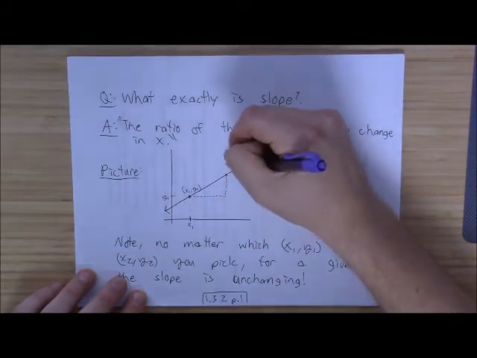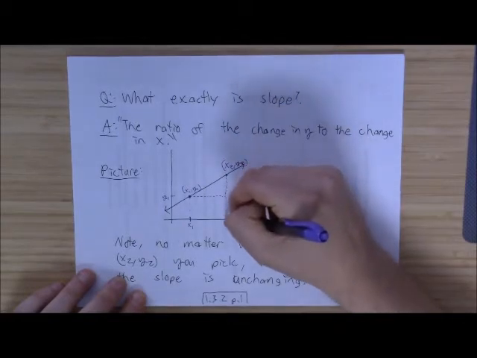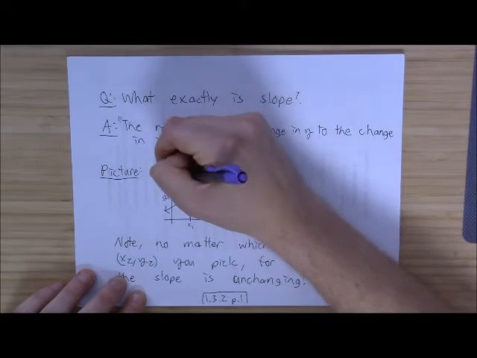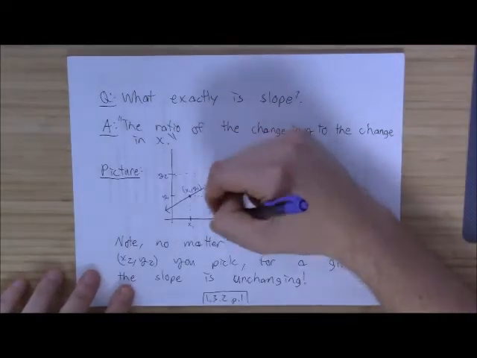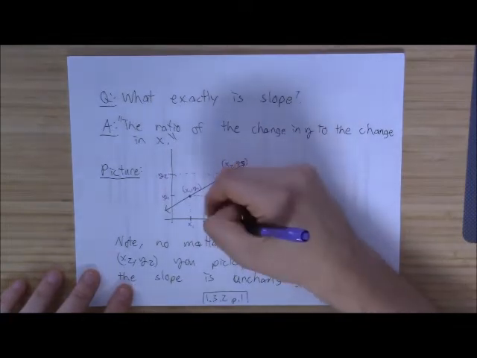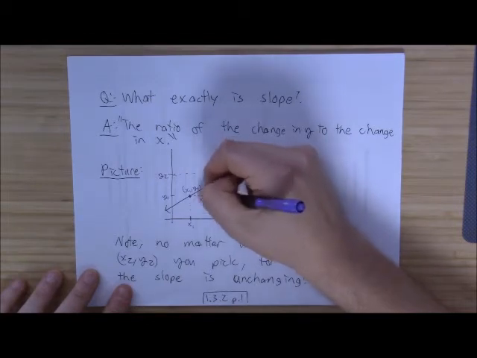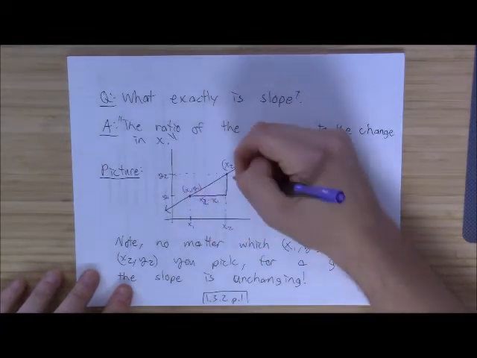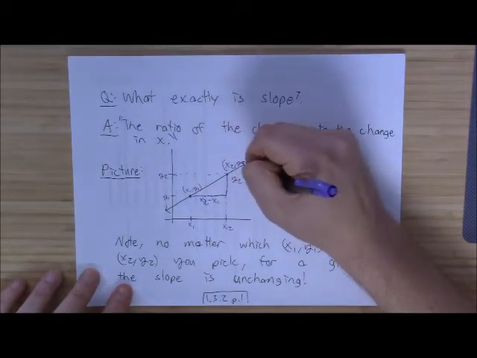Up here, I could similarly have an x2, y2. But what I notice then is that for every bit I go over, this distance is x2 minus x1, and I also go up in y, so y2 minus y1.